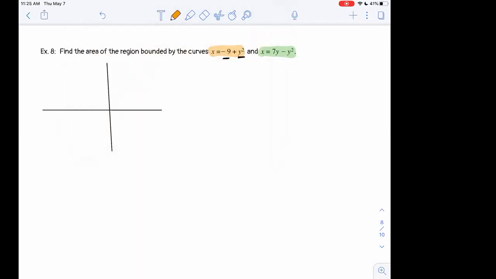So when I put this into Desmos, or when I sketch a diagram of this, I'm going to see a parabola facing this way. And I'm going to go ahead and label this point as -9, 0 right now, because I never really know when I'm going to need specific points. The more I label now, the less I have to label later.